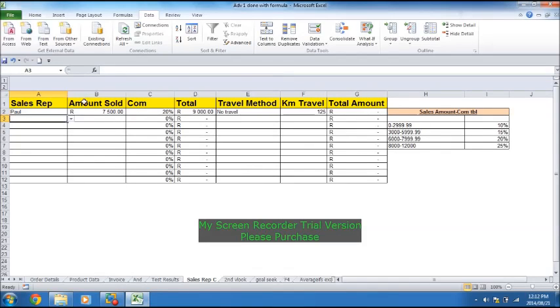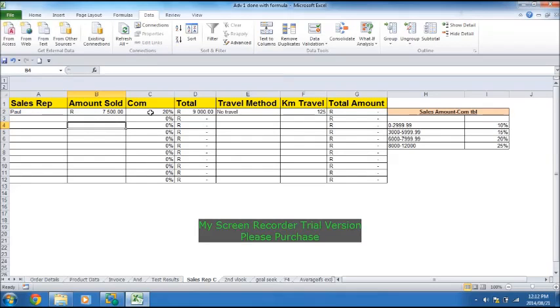From there, an amount sold was typed in. Now, when the amount sold was typed in, a percentage had to be determined based on that amount sold, and that was based around this table over here. So anything from basically 0 to 2,999 would get 10%. Anything from 3,000 to 5,999, 15%, and so on. So the user would actually have to, after typing in the amount sold, then go and type in what the percentage was.